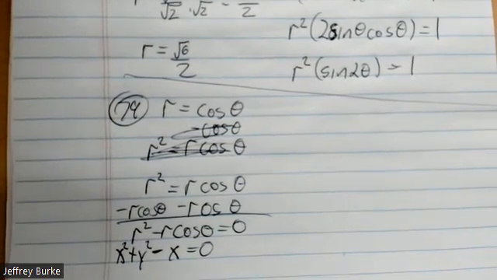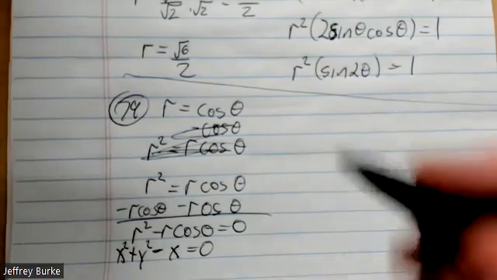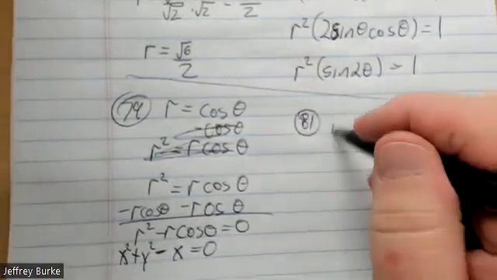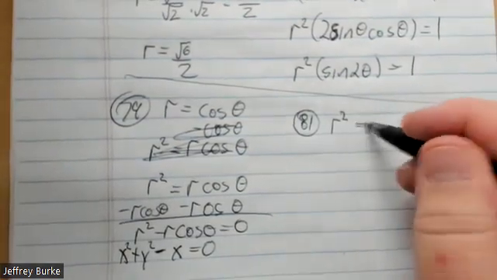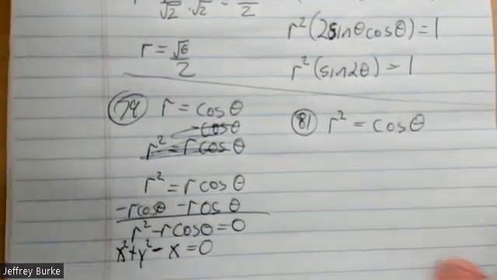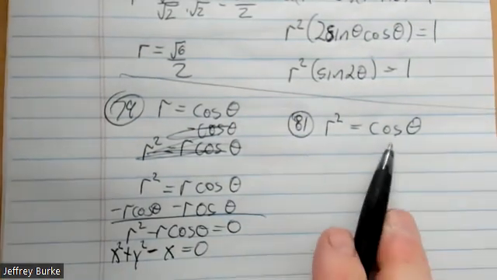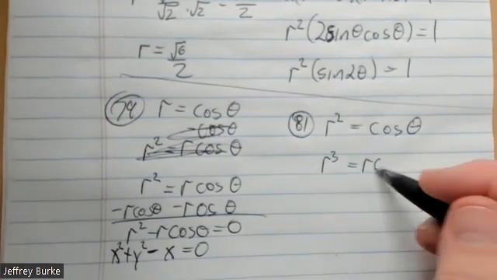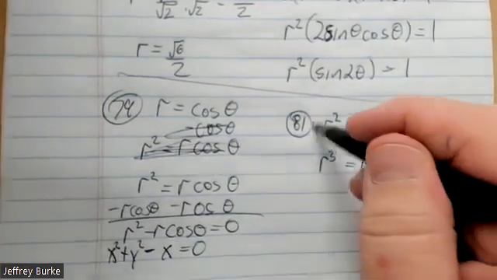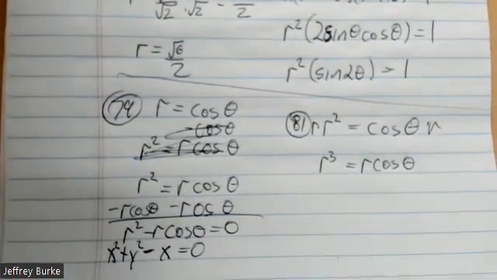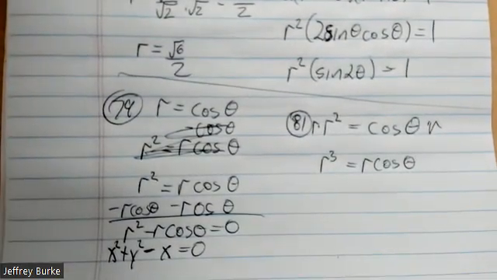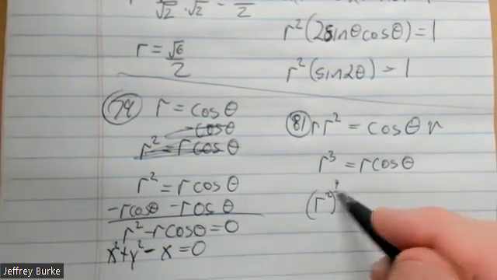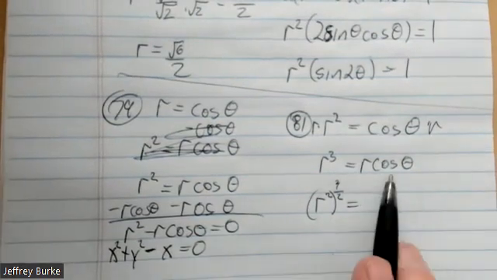Last one we'll do, 81. I'm doing this one because it's in your homework. You have r squared equals cosine theta. Again, I need an r with this. I'm going to make this r to the third equals r cosine theta. Basically, I'm just multiplying both sides by r. I'm going to write this as r squared to the 3/2 equals, what's r cosine theta?